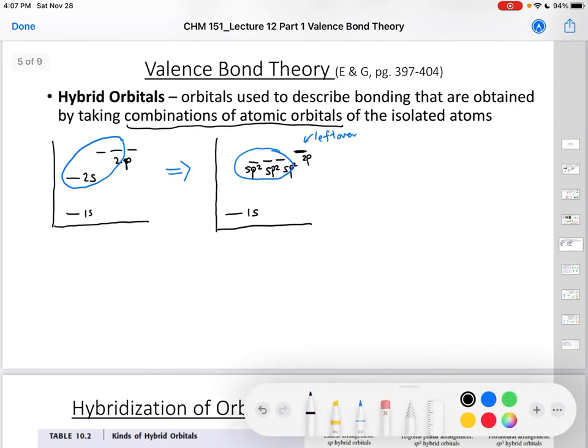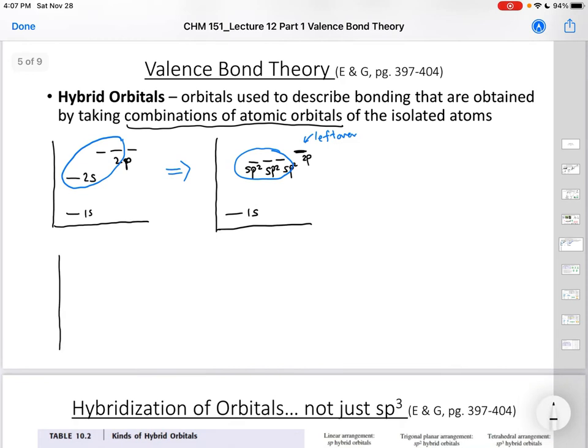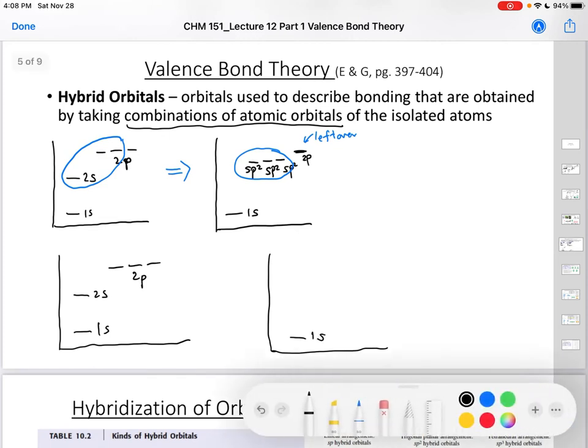We can do that again if, let's say, we take our 1s, which we're not going to touch, 2s, and then our 2p. Let's say instead of grabbing 2 p's or 3 p's, let's grab 1 p and 1 s.